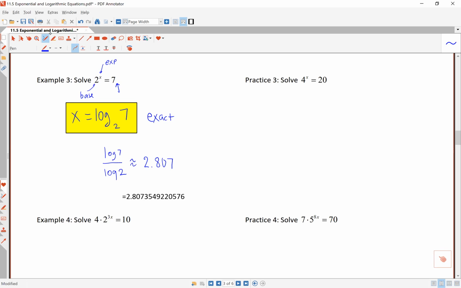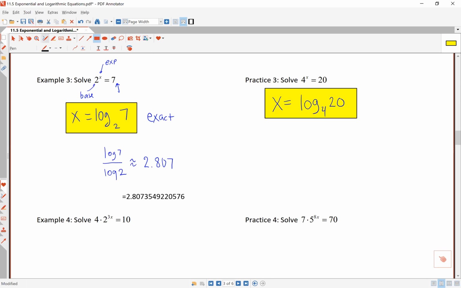Now that you've had your chance to work this out, I'll work this out with you. 4 to the x is the exponential portion, which tells me the exponent is x on base 4 in order to get 20. That is our exact answer.